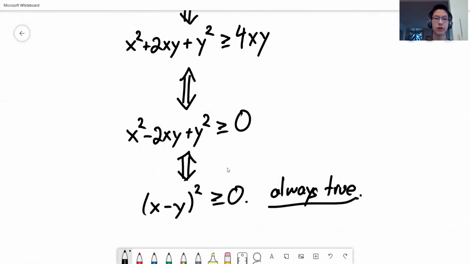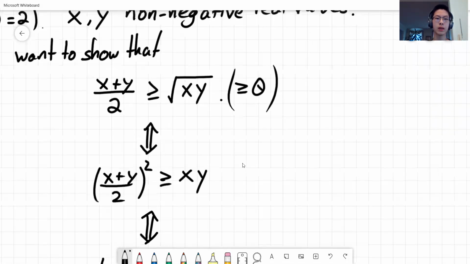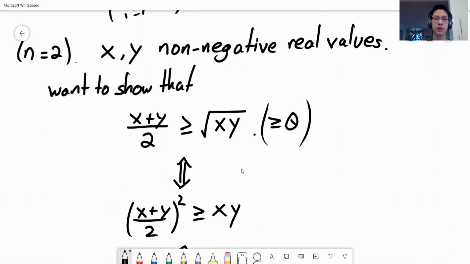Since the whole series of steps was completely reversible, it follows that the original thing we wanted to show is true.